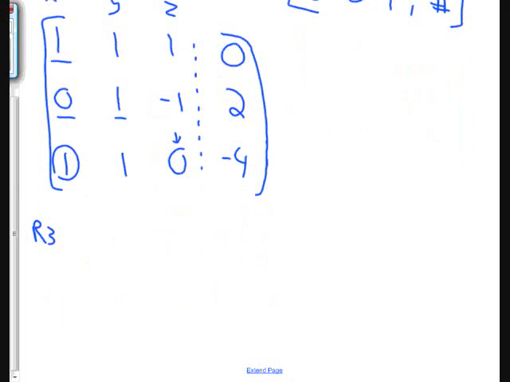Now for the three by three. Row 3 subtract row 1, and my first row stays the same. What do we get in our third row? 1 subtract 1 is 0, another 1 subtract 1 is 0, and 0 subtract 1 is negative 1.